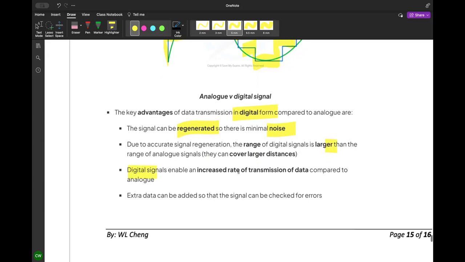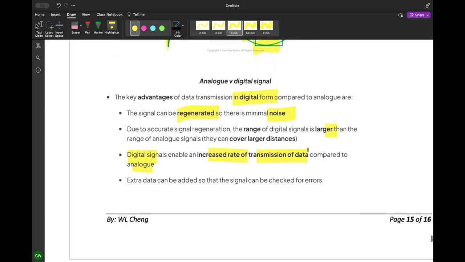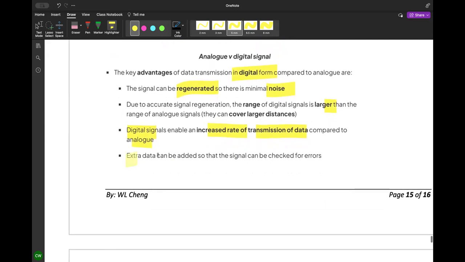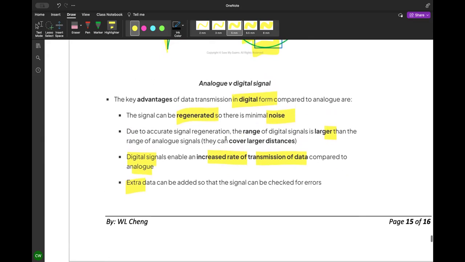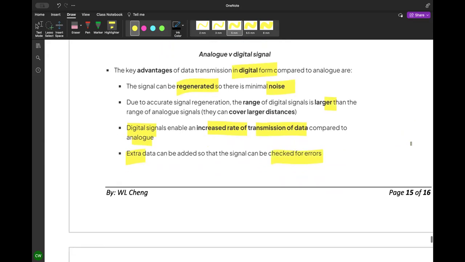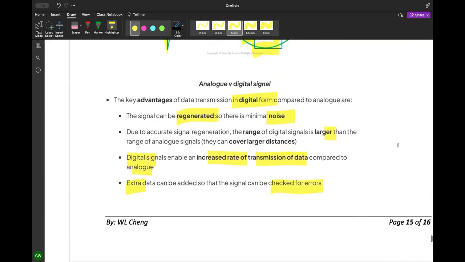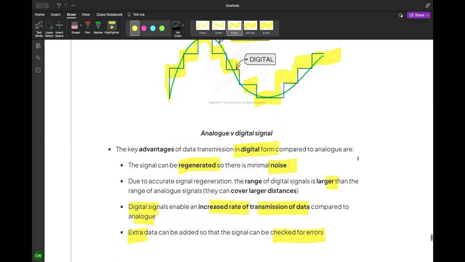Digital enables increased rate of data transmission compared to analog. So we can increase the sampling. This one is extra signal, not important. You just need to know very little about this. Extra data can be added to check for errors. This is how we use digital to check, because we can store something there. Then when you regenerate the signal, this extra data can be added to the signal to check for the error.